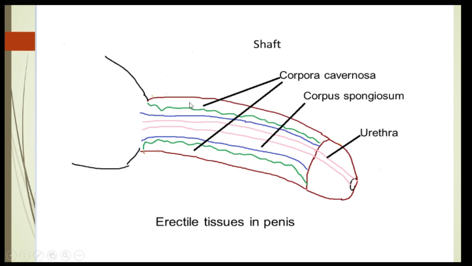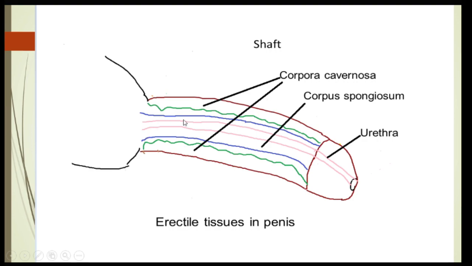In these two columns the corpora cavernosa are found. Now just see in the middle, this is one blue line, and this is the second blue line which is passing throughout the shaft.